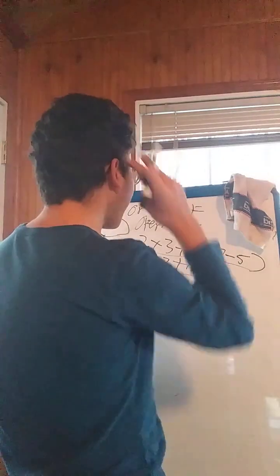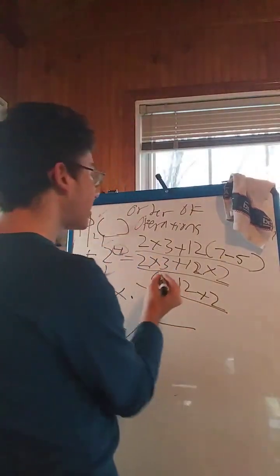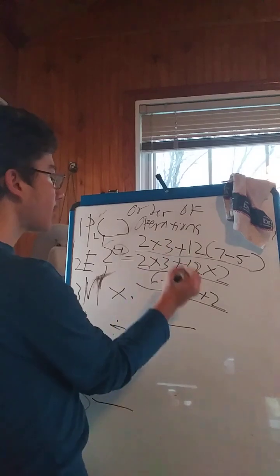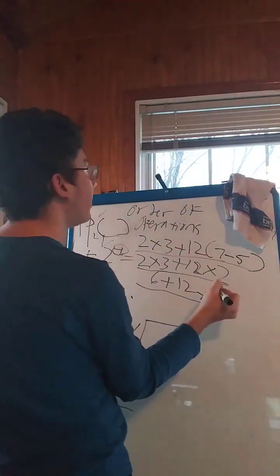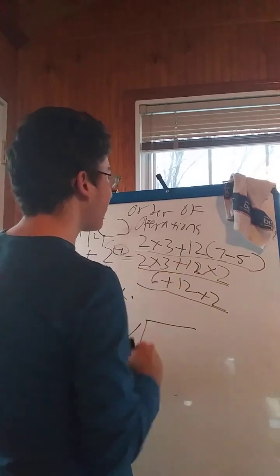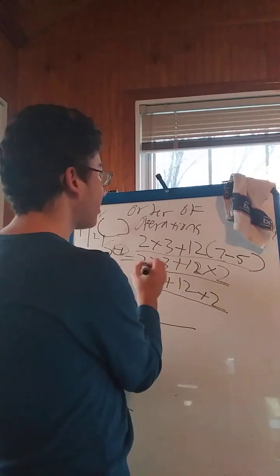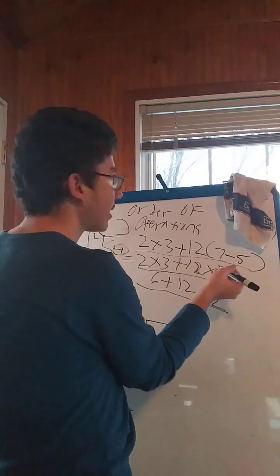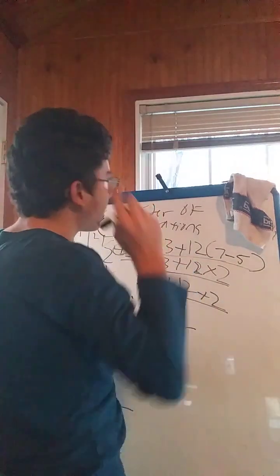So that's basically how it is. So we still have 6 plus 12 times 2. And you can certainly make this a little bit shorter by doing 2 times 3 and 12 times 2 in the same line, but we're not doing it that way.